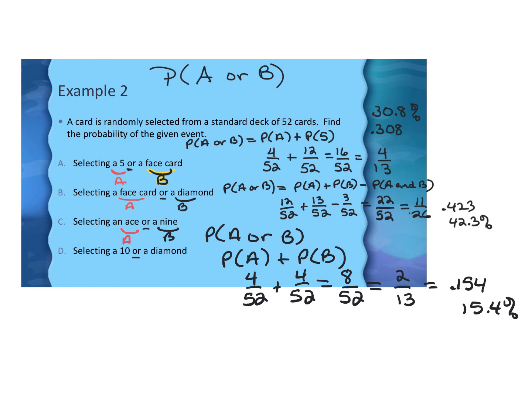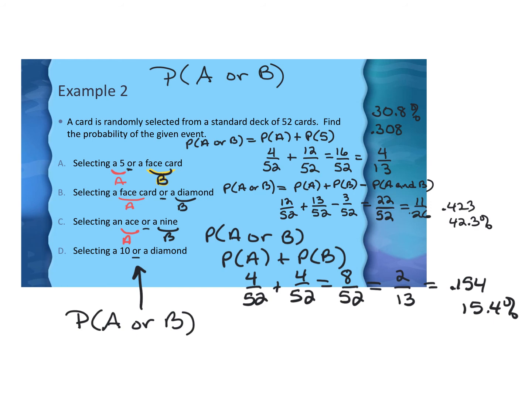All right, so let's try the last one here. A 10 or a diamond. I can get a 10 and a diamond at the same time. I can get the 10 of diamonds. So this one would be an overlapping event. So again, we're going to do the probability of A or B, because the word "or" is in the problem.